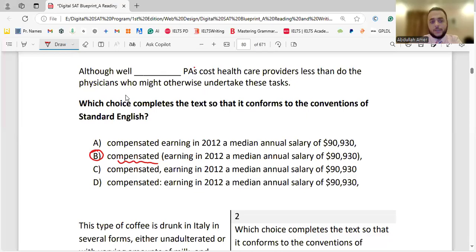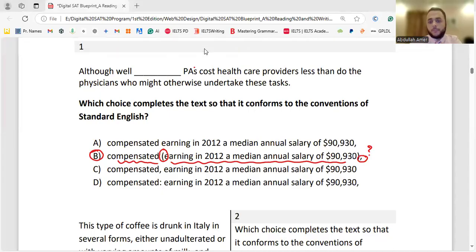When we take a look at the punctuation here, or the boundaries used here, we will find that we have parentheses, and those parentheses are simply enclosing this non-essential element, earning in 2012. And finally, we have a comma here. Who can tell me what's the job of this comma? What's the job of this comma, guys? Yes, you can raise your hand. You can send via the chat. Why do we have this comma here?